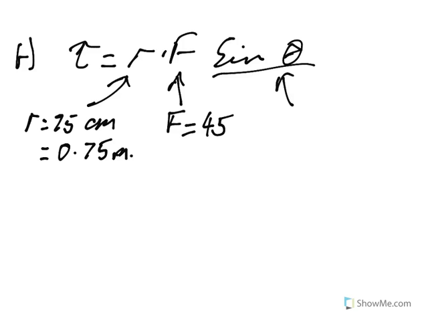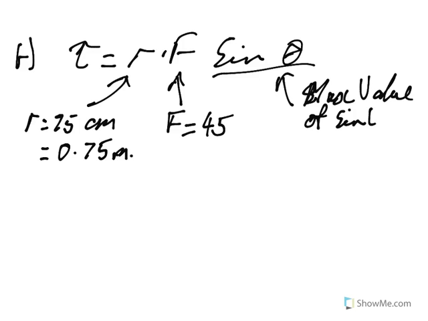From what we know about sine, cos and tan, the maximum value of sine theta is equal to 1 when theta equals 90 degrees. So we want the angle to be at 90 degrees.